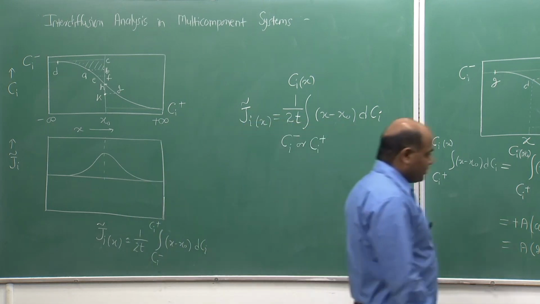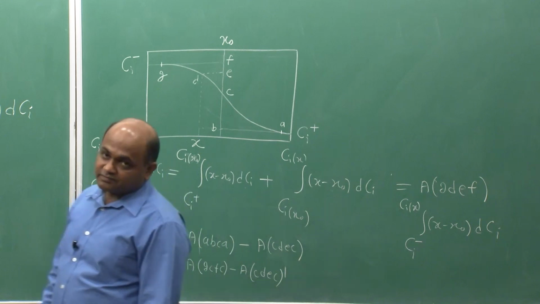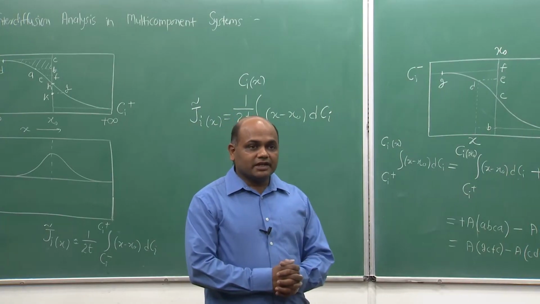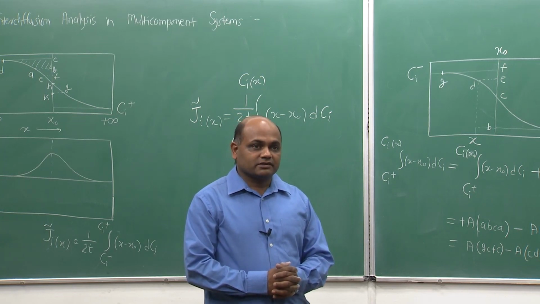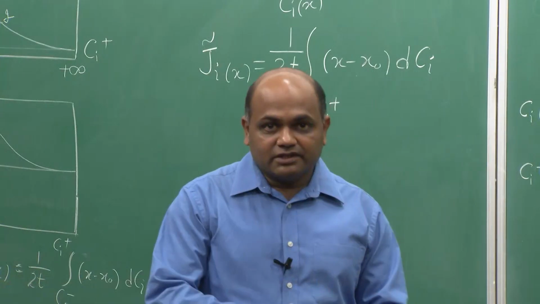Now, once we find the interdiffusion flux, our next objective is to find the interdiffusion coefficients. And what is the method used for that? We will see in the next class.